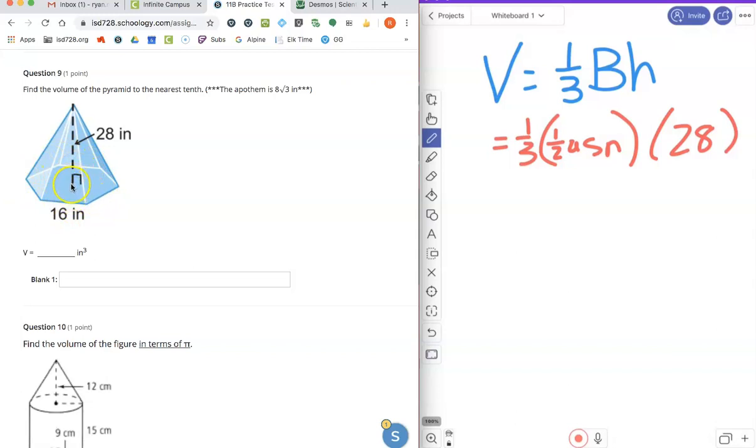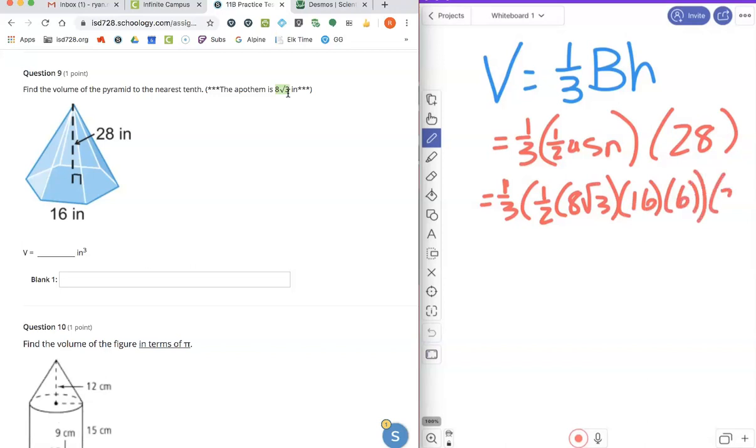Did they give us the apothem? Well, not here, but yes, they did up here. So it's 8 square root of 3. So let's do some punching in. 1/3 times 1/2, 8 square root of 3, times the side length, which was 16, times the number of sides, which was 6. All that is going to be multiplied by 28.